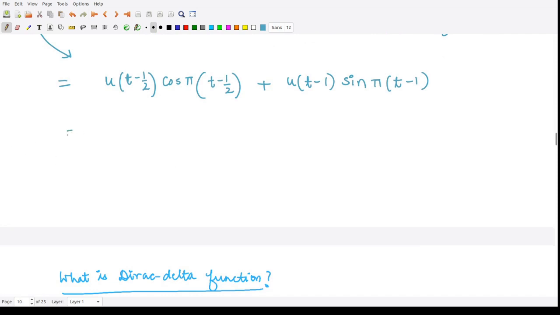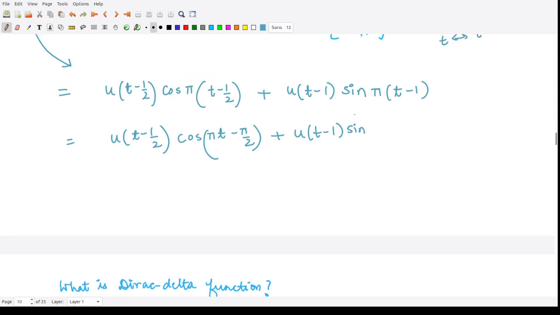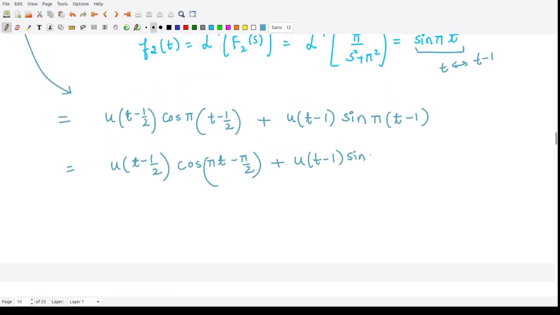Okay, so we have u of t minus 1 by 2. Now here you see what is this? This is cos of pi t minus pi by 2. And the second quantity would come as such, sine of pi t minus pi. So now you have some angle minus pi by 2.